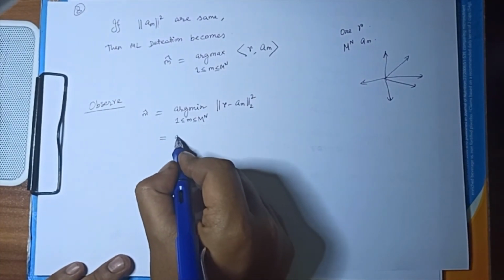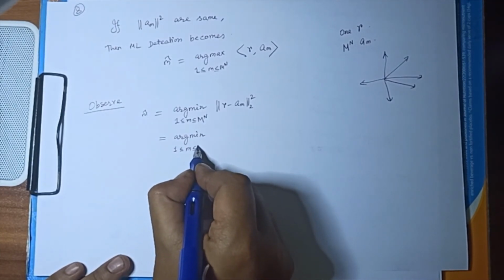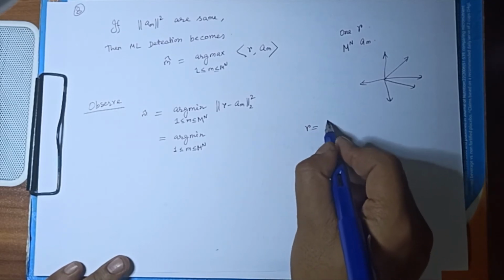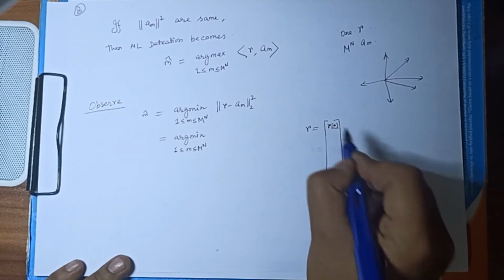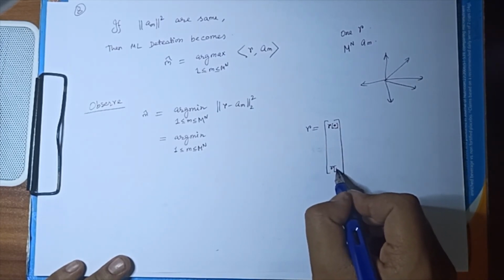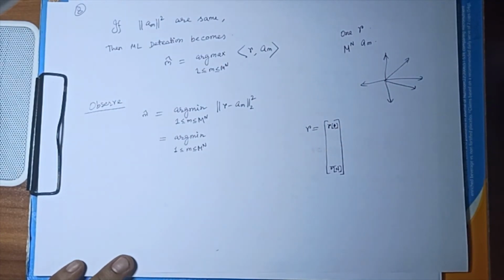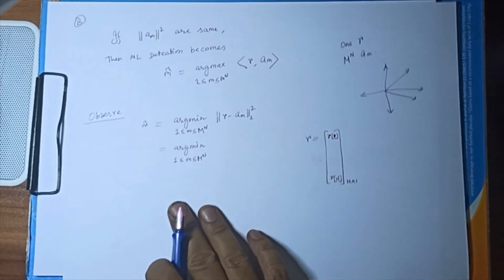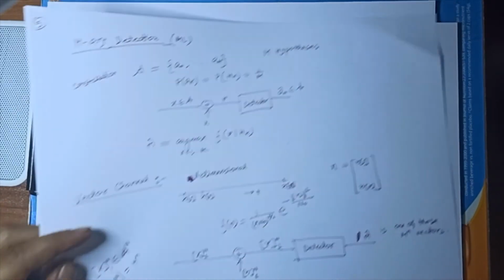So I can write it in terms of its elements. r is a vector of length capital N, with elements r1 to rn. It can be shifted to any arbitrary number, that does not change anything. Like I have already drawn earlier, it is basically these time points, isn't it?